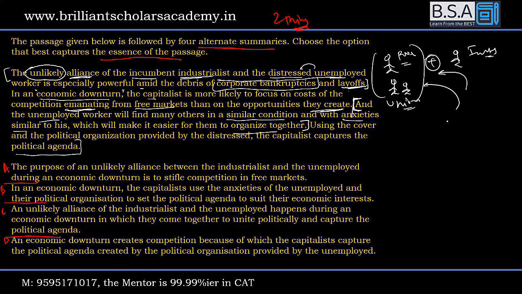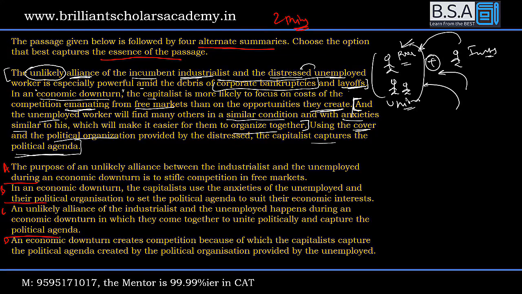And the industrialist takes the cover, like when you hide behind something, and the political organization provided by the distressed, the organization they have made. So the industrialist will take over and capture the political agenda. Basically, the capitalist is misleading them by some means, in service of capitalist interests.